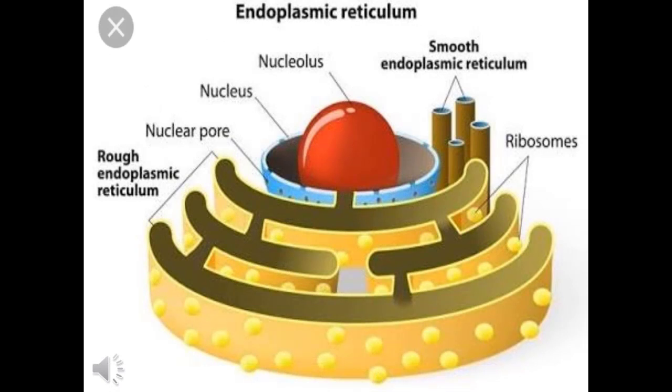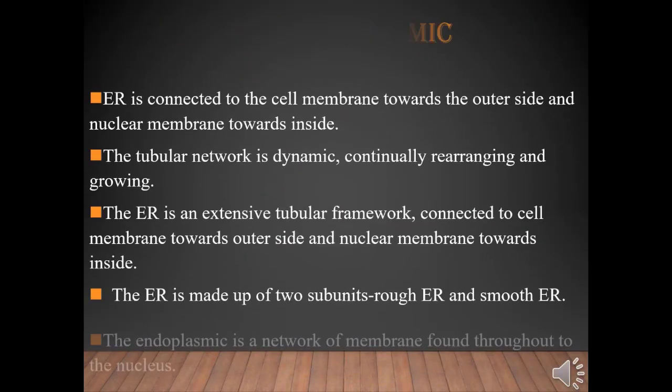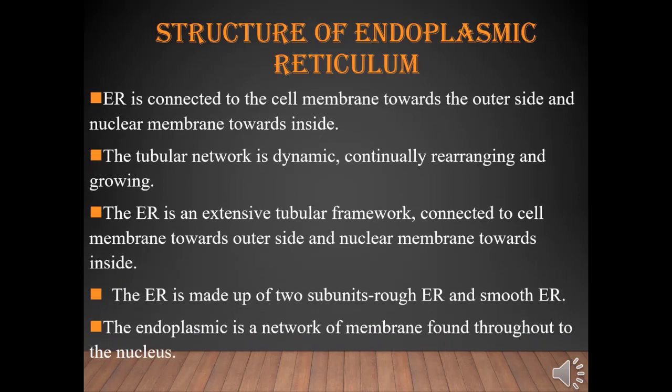Structure of endoplasmic reticulum. Endoplasmic reticulum is connected to the cell membrane towards the outer side and nuclear membrane towards inside. The tubular network is dynamic, continually rearranging and growing.